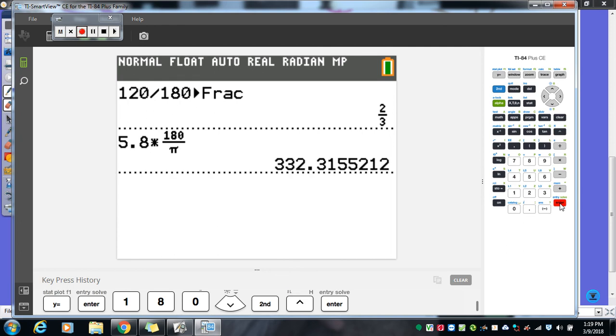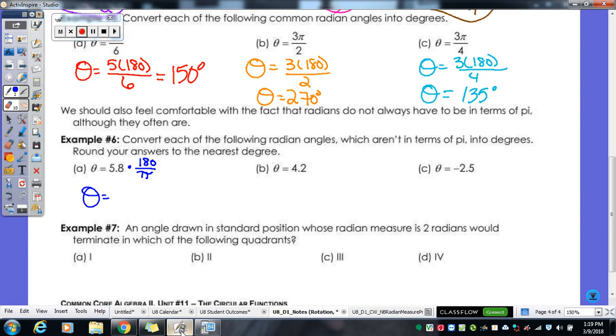Yep, nearest degree. The little caret, the one above the little exponent thing. So you had to hit second, the exponent button. So do the same thing for B, multiply it times 180 over pi.